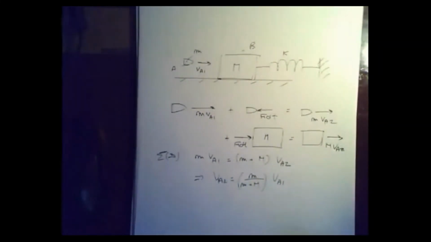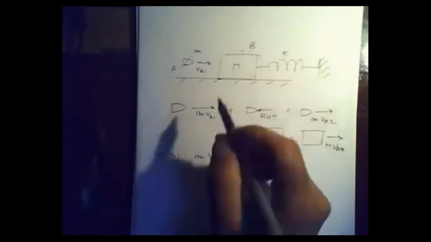Now, if you would like to get the maximum compression of the spring, there are several ways you can do it. You can do acceleration analysis, summing the forces. The easiest way here is basically to look at the kinetic energy and the energy that is stored in the spring, right?